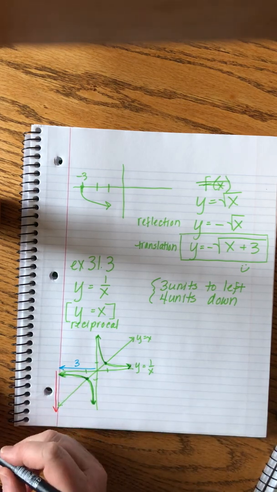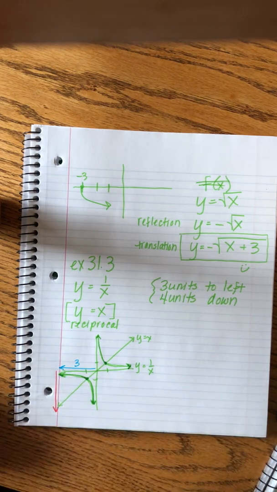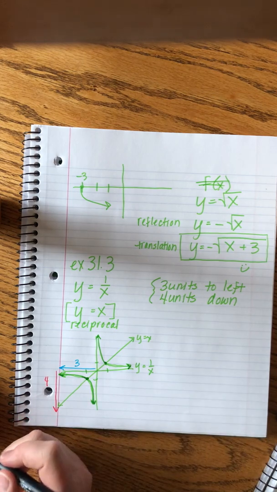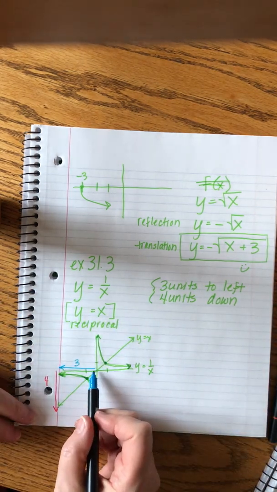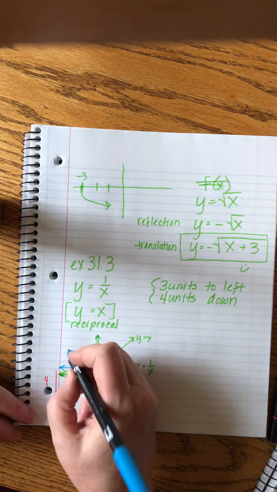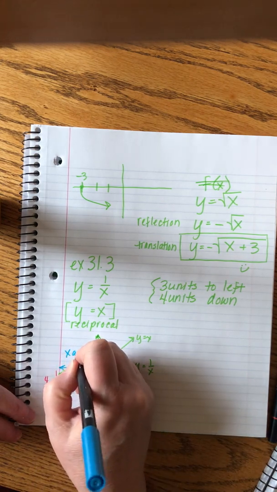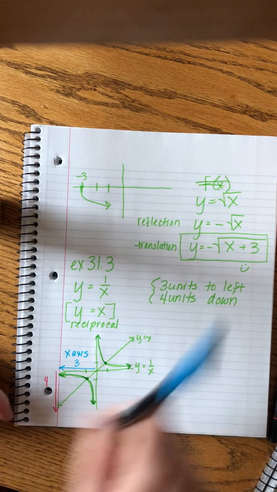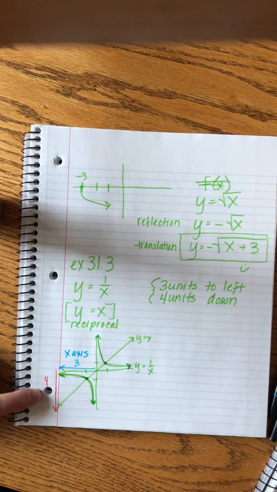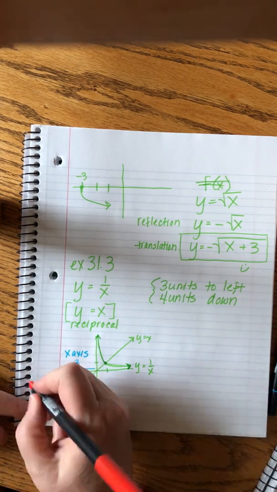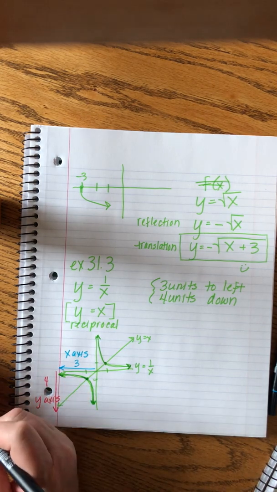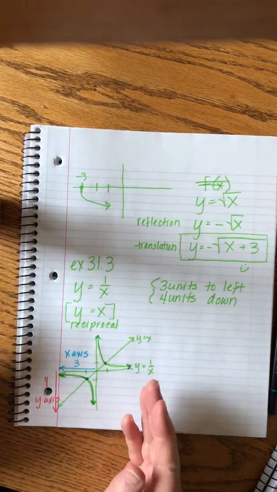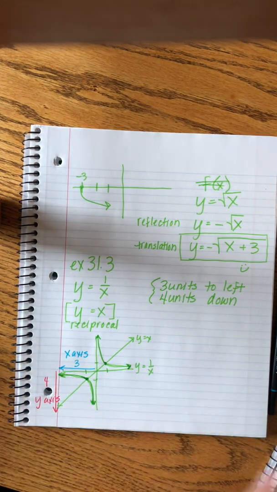We don't necessarily have to draw the picture of it, but we have to write the equation. So this 3 units is shifting along the x-axis, and the 4 is shifting along the y-axis. I'm just keeping straight which axis is moving how many units.